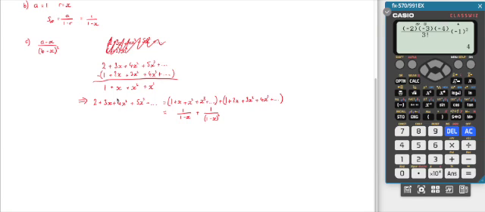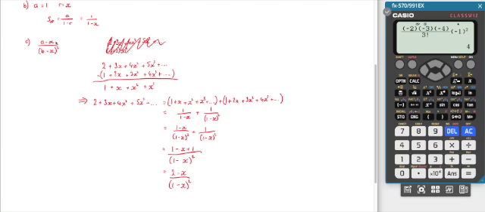Now we have something that we can add up. So I want common denominators of 1 minus x squared. That means the left-hand one has got to be 1 minus x over 1 minus x squared plus 1 over 1 minus x squared, which gives me 1 minus x plus 1 over 1 minus x squared, which, with a bit of tidying up, is 2 minus x over 1 minus x squared.